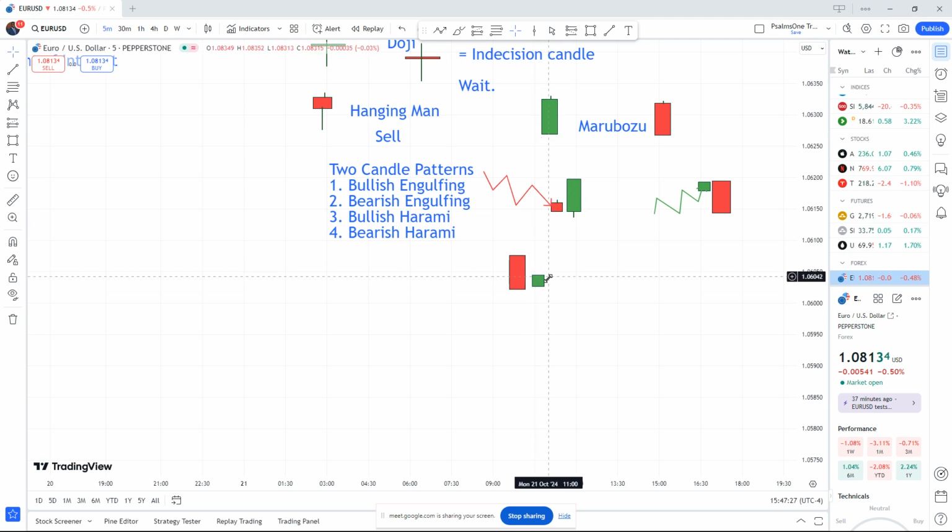So it's telling us something. That can be a breakout candle, like an impulse.